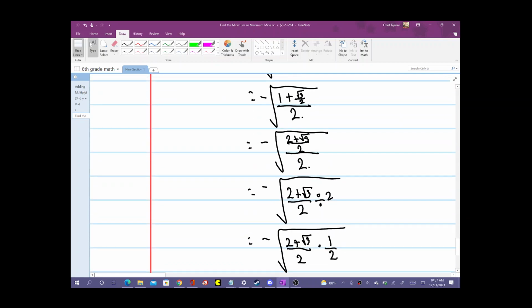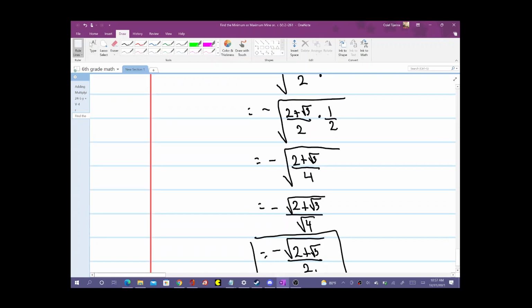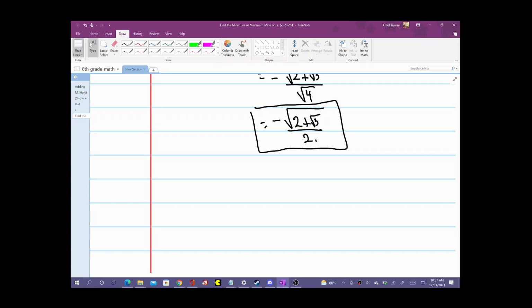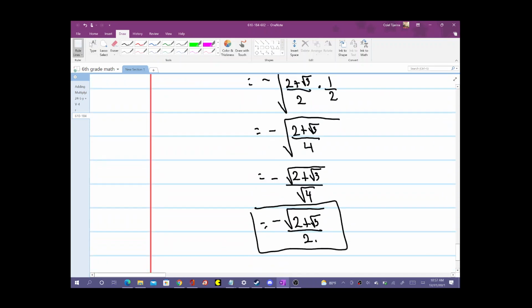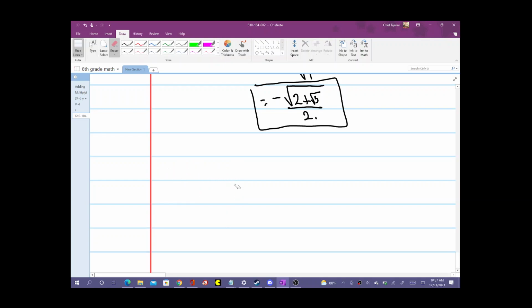Now, what about cosine of theta over 2? This is the last problem, by the way, guys. I keep saying that because I feel like my video is getting a little bit long. So this is what sine of 105 is, by the way. Now, what about cosine of 105?